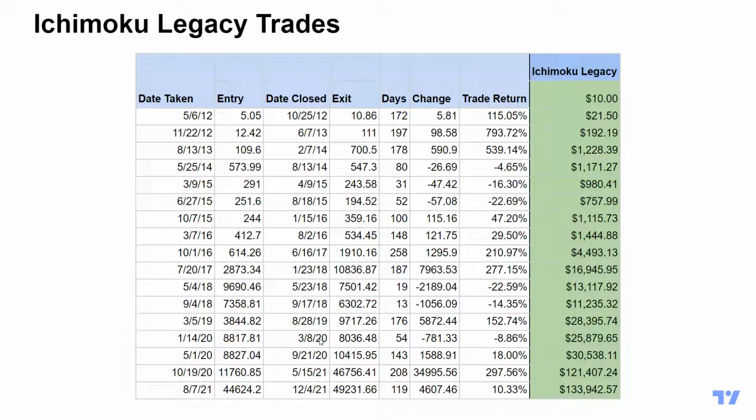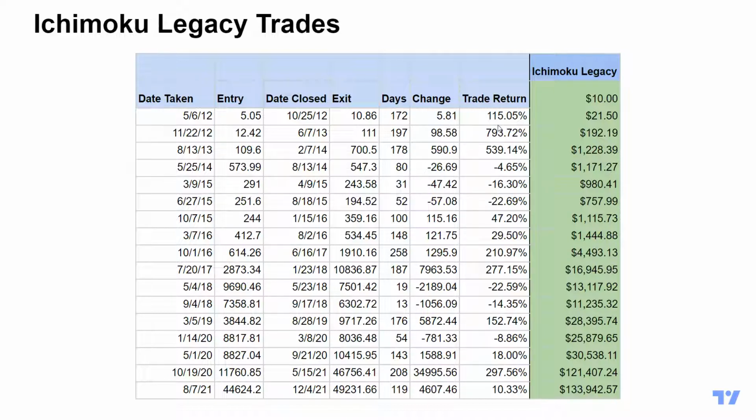Now, these are the trades that the strategy took for the Ichimoku legacy. If you want to pause and take a look at this and double check me, pretty sure this is right. We have the date that it was taken, the entry point. These are all based on daily closes, by the way. We're not trying to get fancy with any additional technical analysis. And the date closed, the exit price, number of days that it was open, the change.